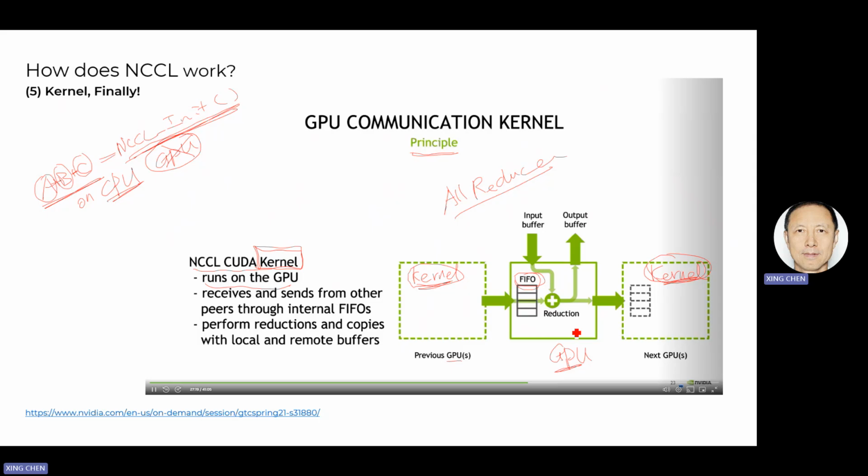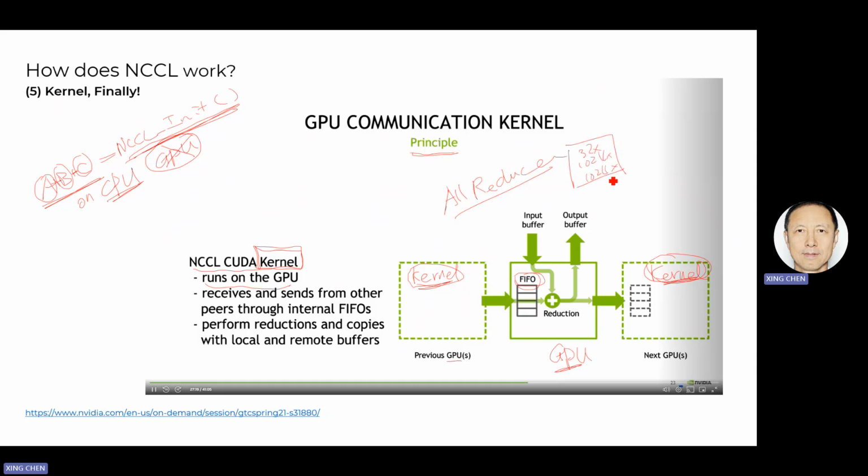Take our all reduce as an example. I have my data. I have shown you the two short pieces of code which are doing the all reduce of a big array, 32 by 1024 by 1024.